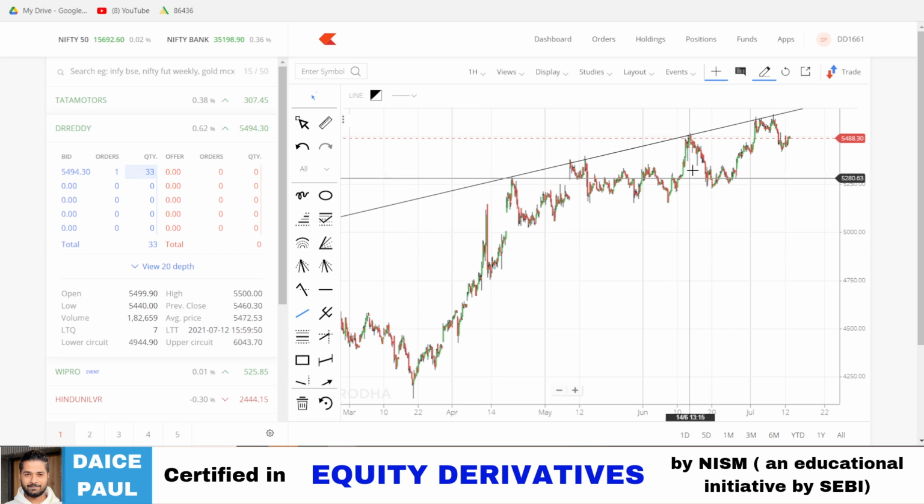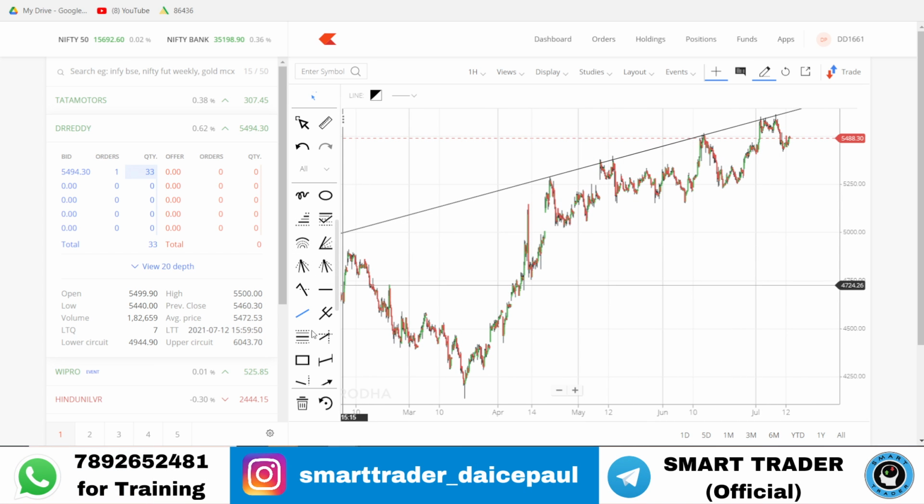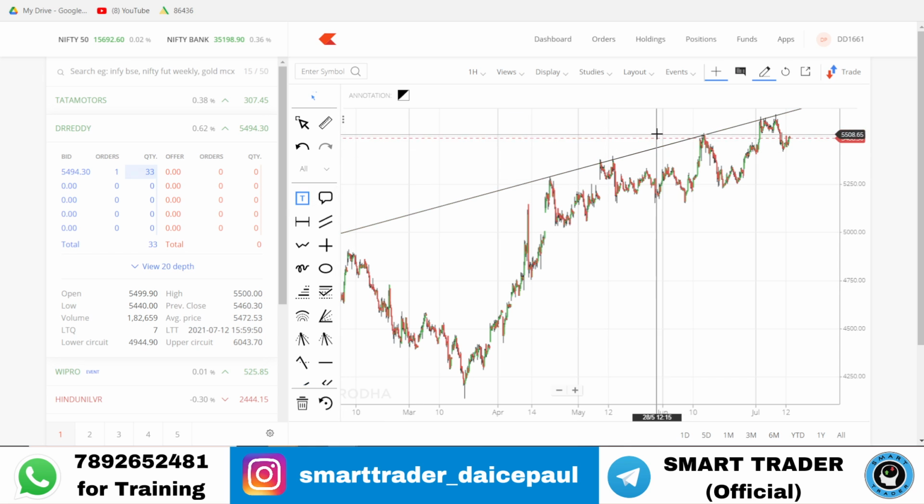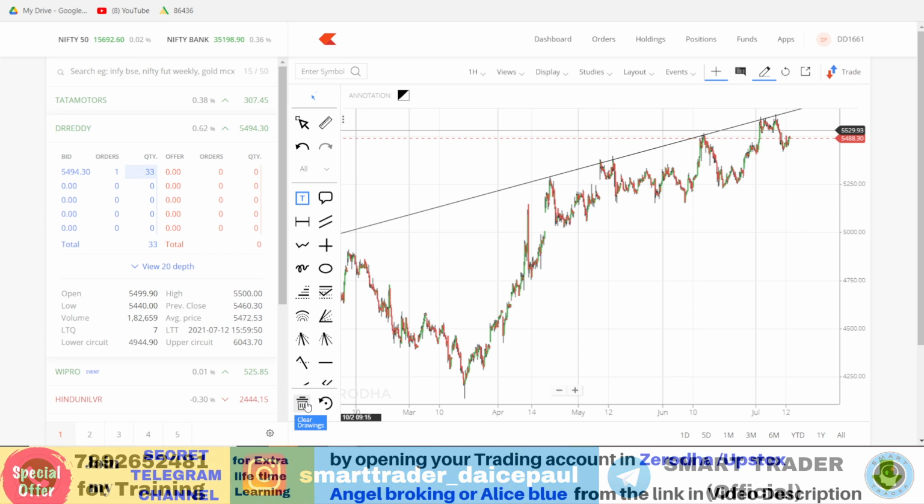This is my resistance, and everywhere higher highs are happening. Overall the trend is going up. All these calculations can be done, which is very helpful. You can draw any type of diagram here. You can type things here and tell what your logic is on this chart, then click and save. That was more about drawing, but as a beginner you would not require all that.